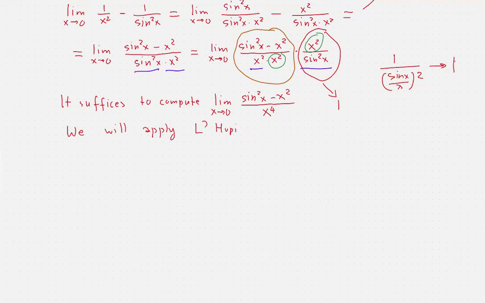And we will also use a trigonometric identity to simplify things at some point. So let's see. So we start with the limit as x tends to 0 of the derivative of the top over the derivative of the bottom.